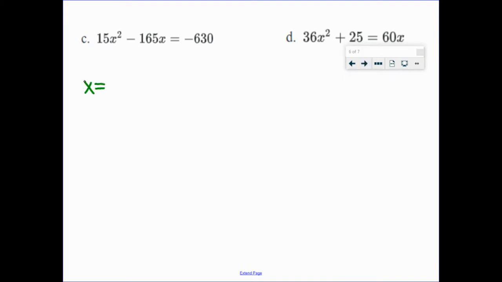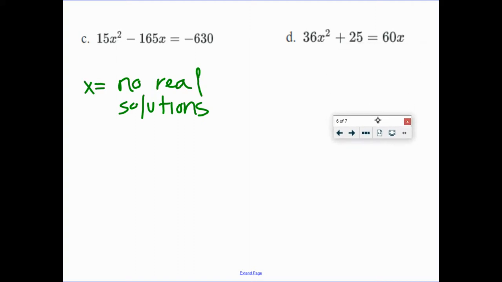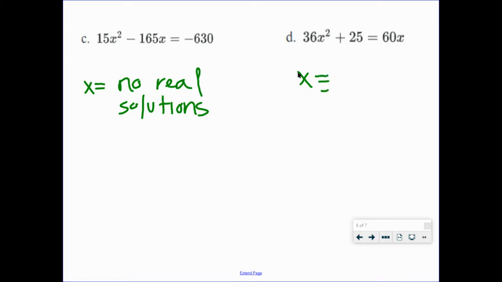X should be no real solutions. What does that mean? That means you took the root of a negative number. It is not solvable. All right, so no real solutions for C. D, I like D. You should have only gotten 1 solution for D. Hopefully you caught that. You should have gotten x equals a positive 5/6.